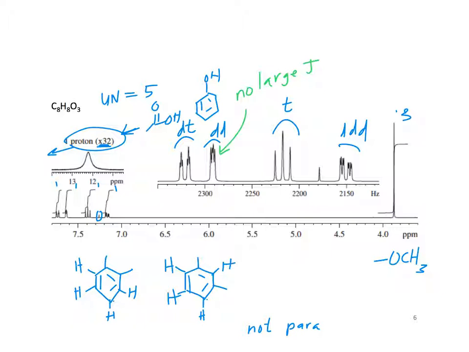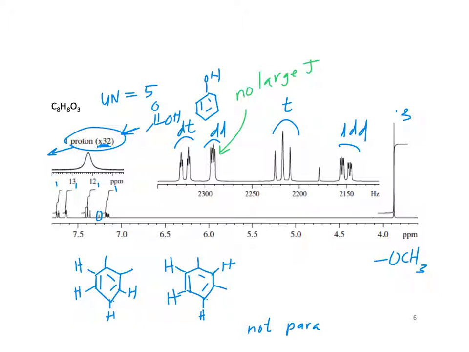So it means that we have 3 protons that are coupling with each other. The largest J value of benzene rings meant what again? It's the ortho coupling, right? They're just adjacent to each other. That's kind of what we would expect if we just thought about this.